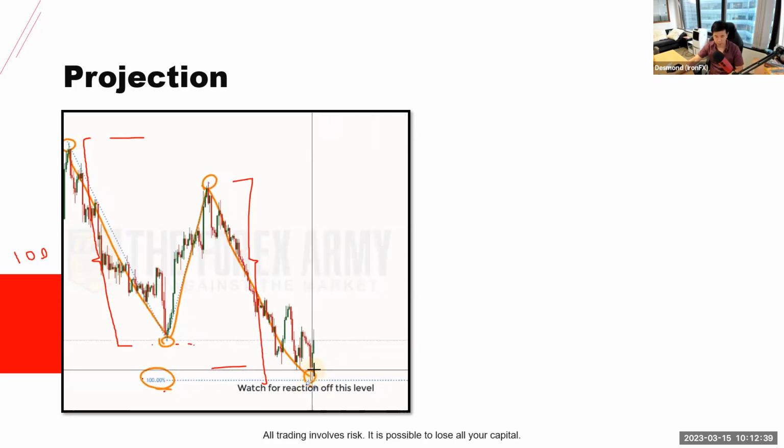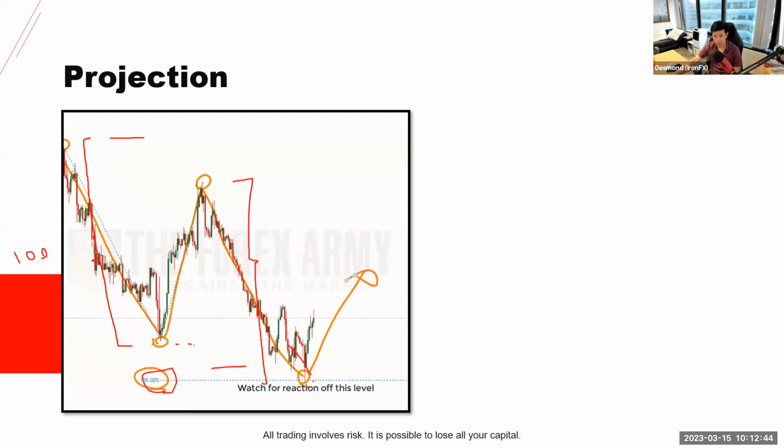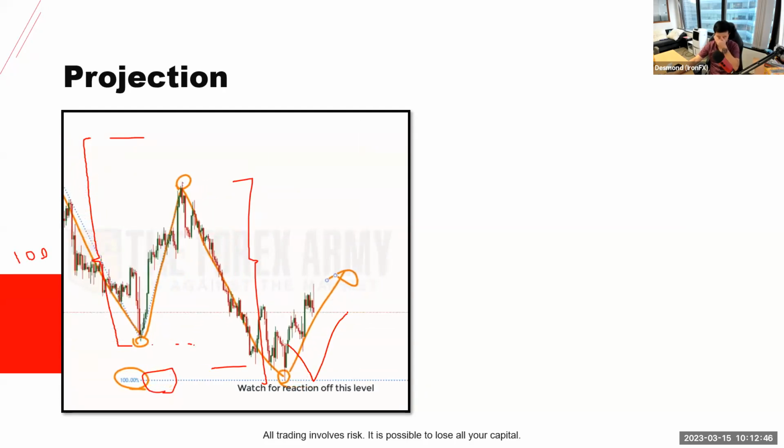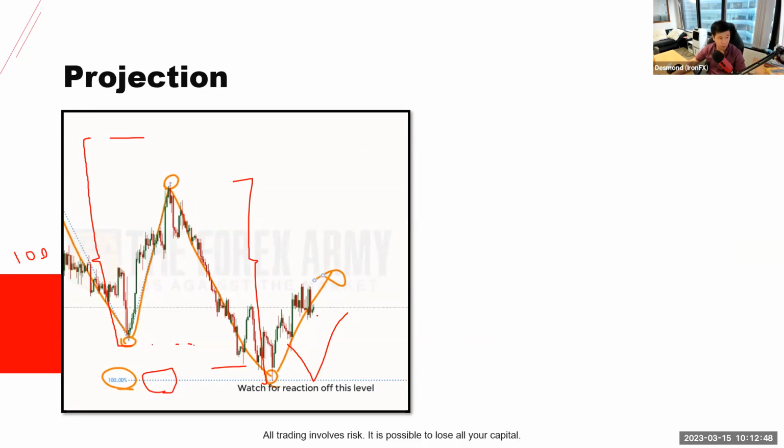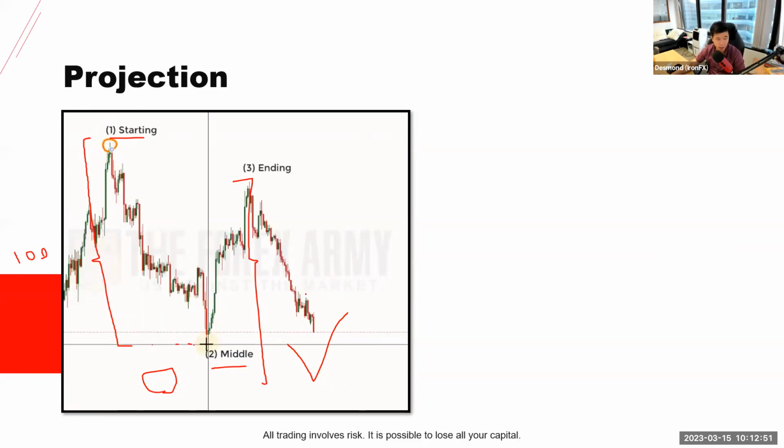So that is what it means by a 100% Fibonacci projection. We are looking for price to touch and then bounce from there. That is basically what a Fibonacci projection means.